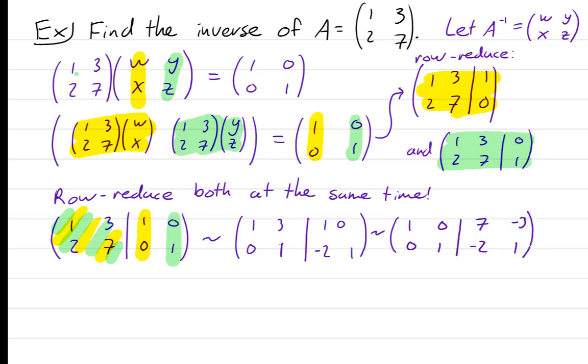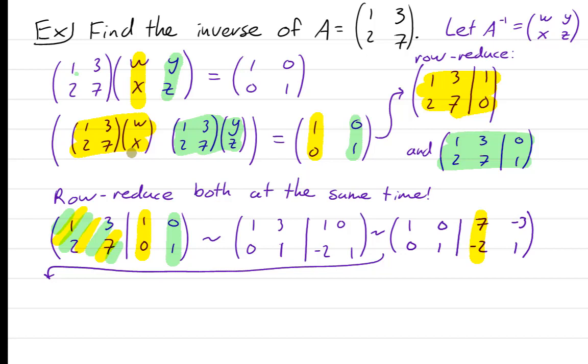We can write this as equations again. The first column here, 7, -2. Remember, we're thinking that was where we started with the 1, 0 here, and that corresponds to the equation that has w and x in it.